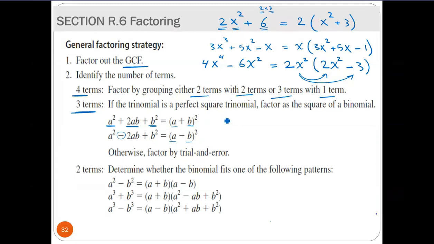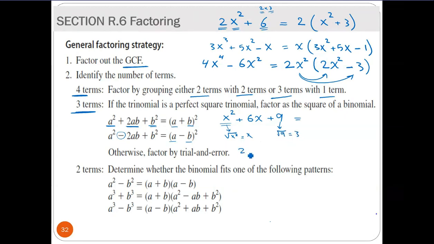If we have x squared plus 6x plus 9, look at this. The radical of x squared equals x. The radical of 9 equals 3.